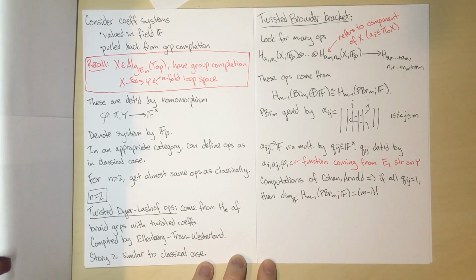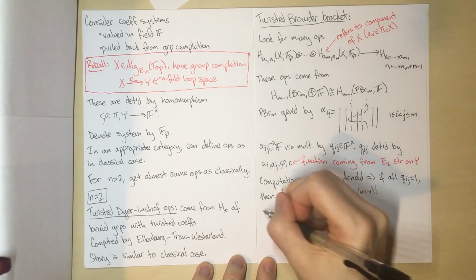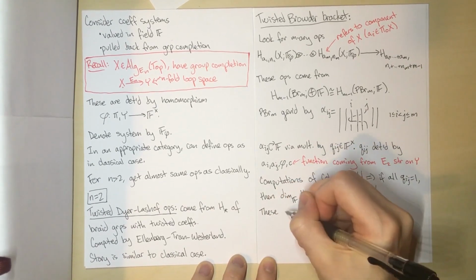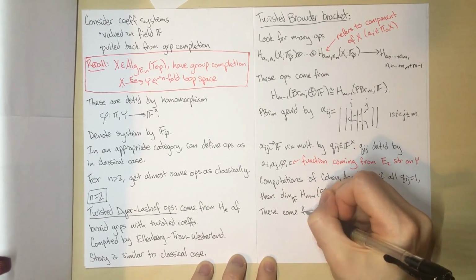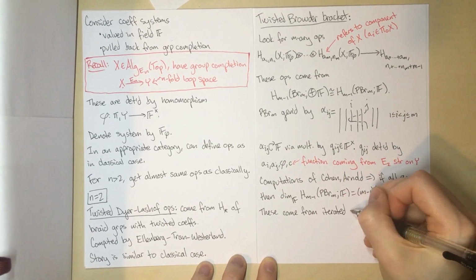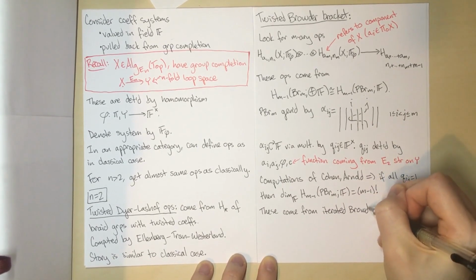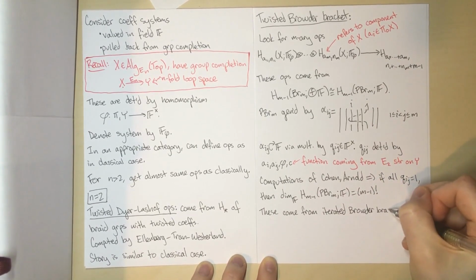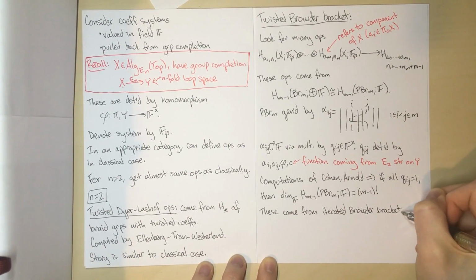So that means that in this case, we have (m minus 1) factorial linearly independent operations. And it turns out that these operations all come from iterated Browder brackets. So here we have constant coefficients, so the Browder bracket is defined, and there are (m minus 1) factorial linearly independent ways to iterate it.